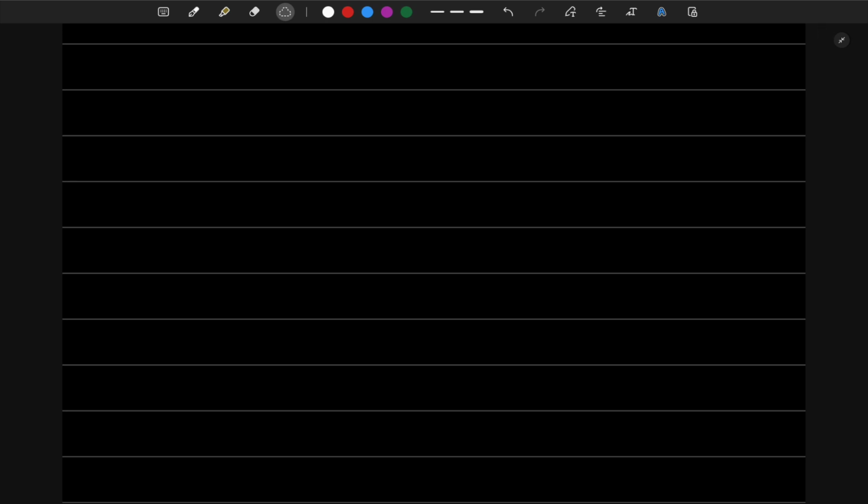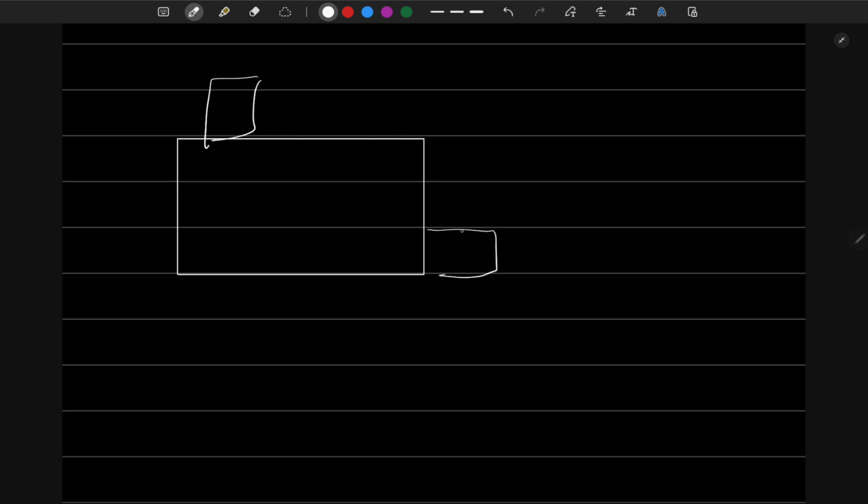Now going back to our topic. In order to understand domain, let us depict functions as machines. If you have a machine, you know that any machine, you have to provide raw material, so you can get a product.